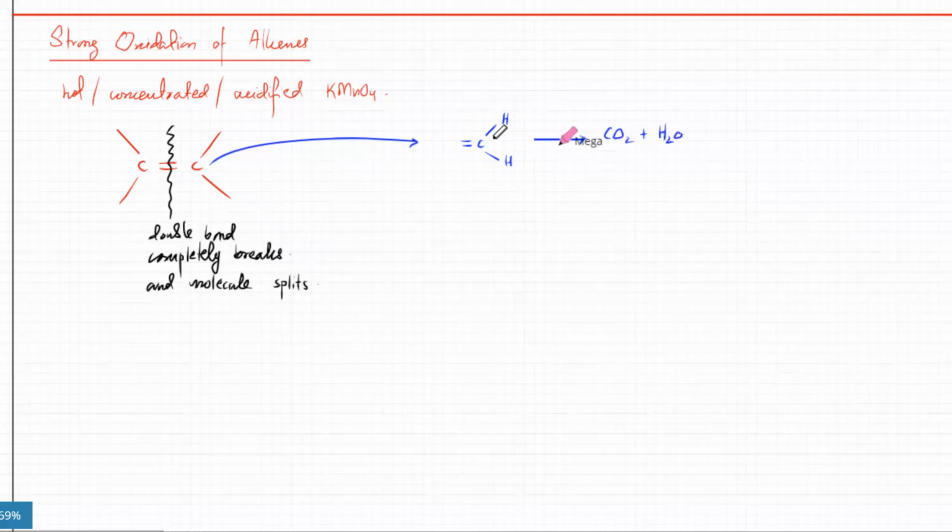That's scenario number one. The second scenario is, what if this double bond had a carbon chain and an H on the other carbon atom? So this carbon atom over here will first change into an aldehyde and then turn into a carboxylic acid.